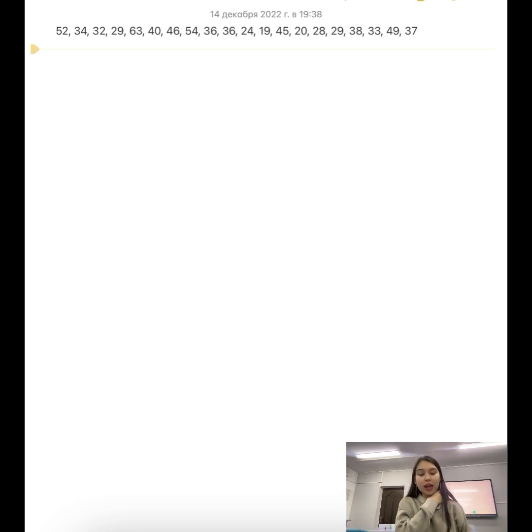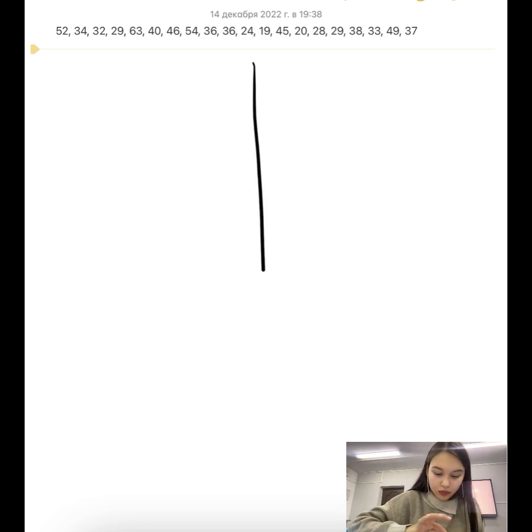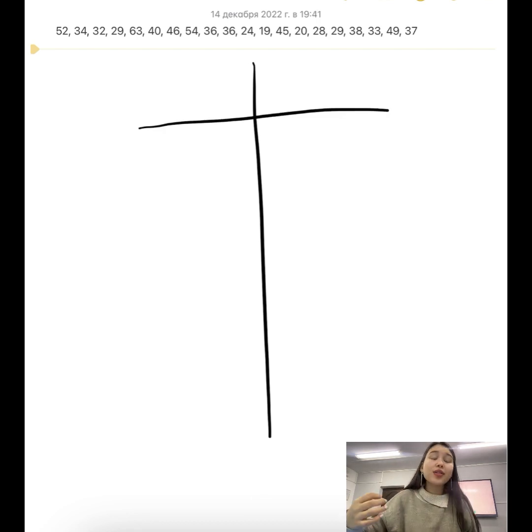So the list of numbers is the list of ages of adults who took the survey, and we have to create a frequency distribution table.